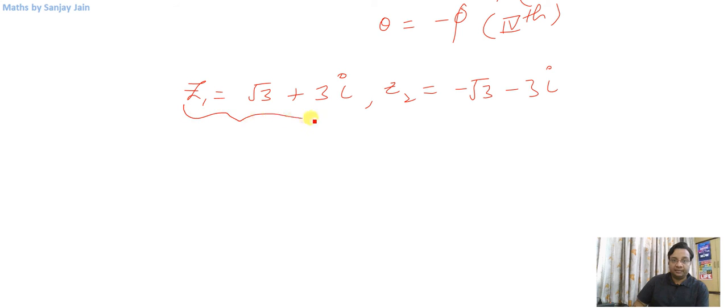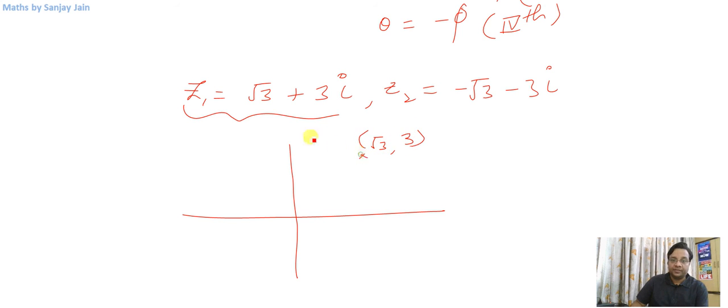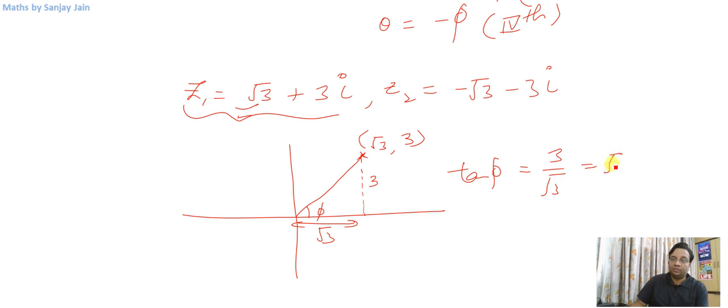When it is z1, this is the point that refers to root 3 comma 3. So this is the complex number which this point refers to. Now I'll create this triangle here. This length will be 3, this length will be root 3. So what will be this angle phi? Tan phi will be equal to 3 upon root 3, that is root 3. Hence phi will be equal to pi by 3.